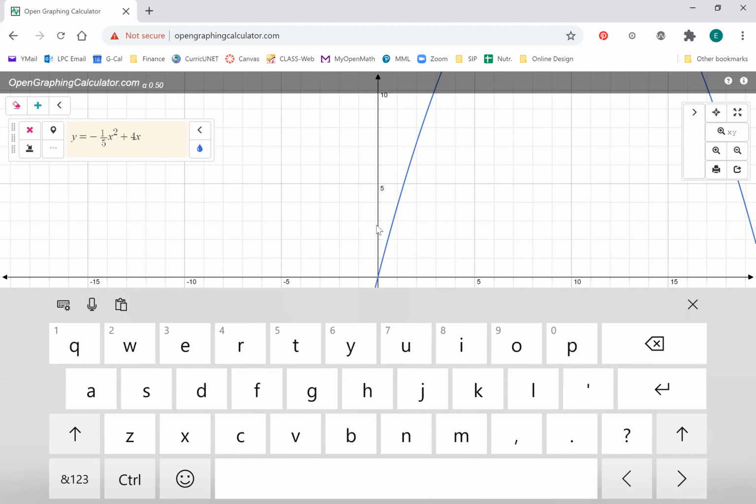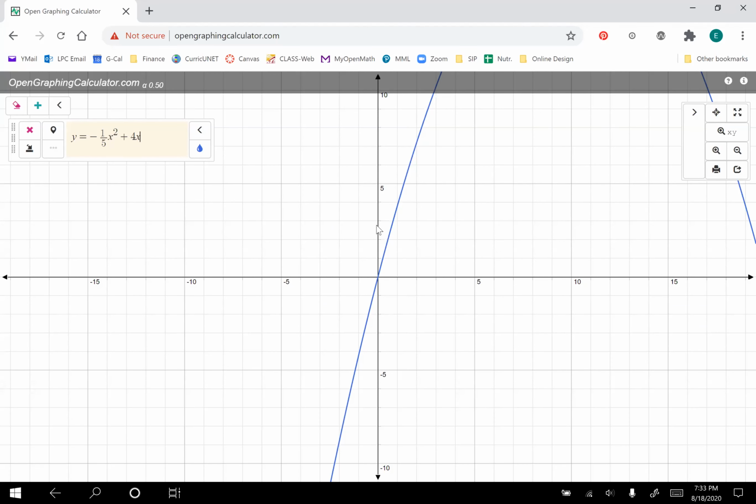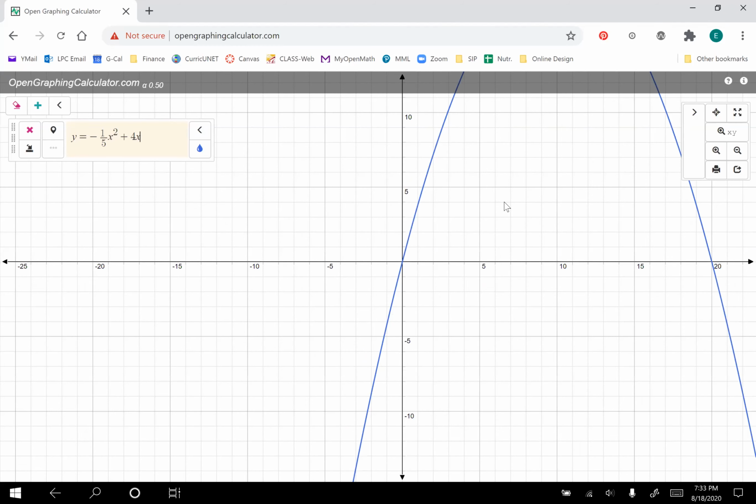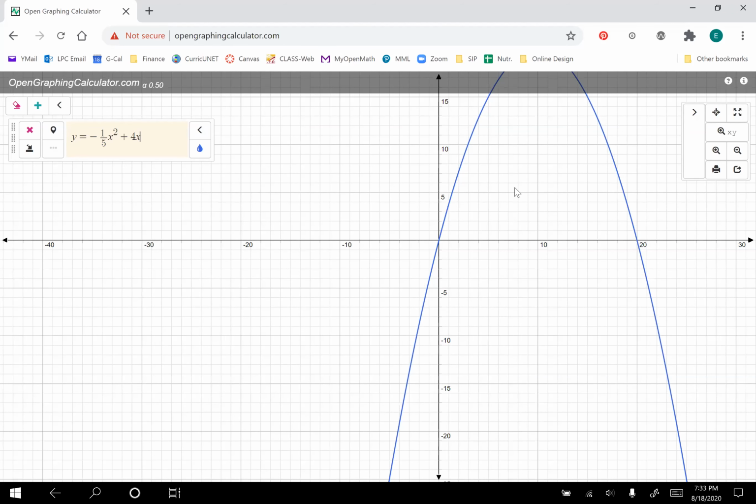That is easier to type in when you're not doing a touch screen, FYI. All right, and let me zoom out a little bit so we can see our curve.